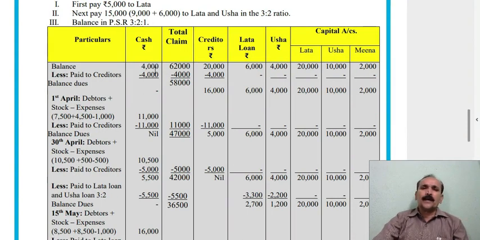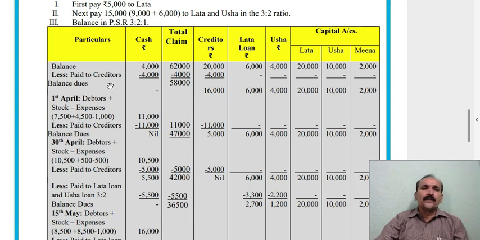Cash balance as per balance sheet 4,000. Total claim 62,000, the total of creditors, Lata's loan, Usha's loan, and the three capitals. Now cash available here is rupees 4,000.